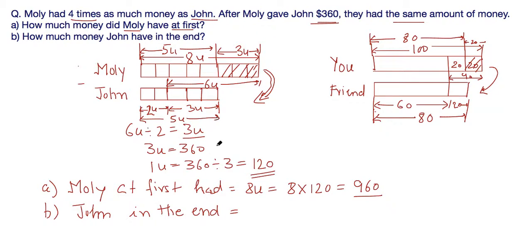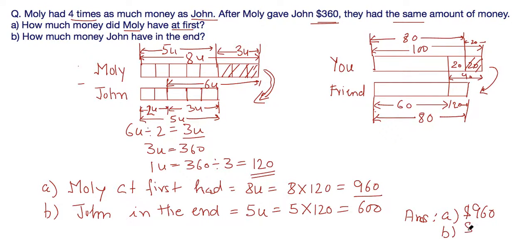So John also has 5 units at the end, which is 5 times 120, which is equal to 600. So your answer for part A is $960, and for part B it's $600.